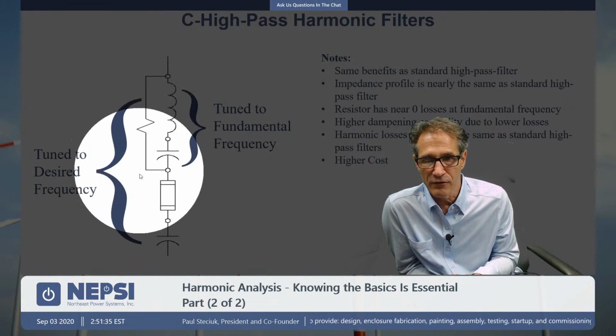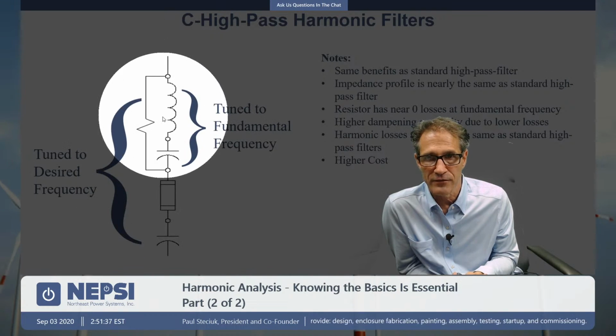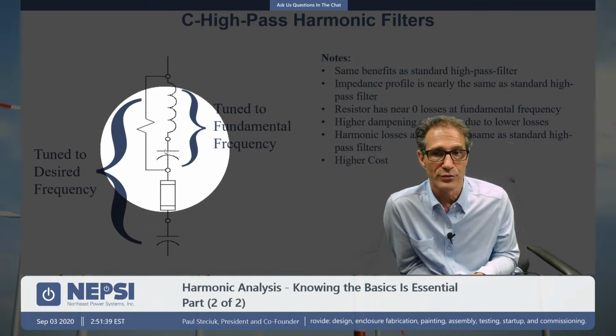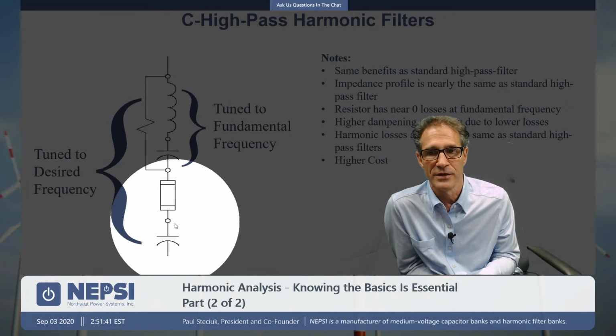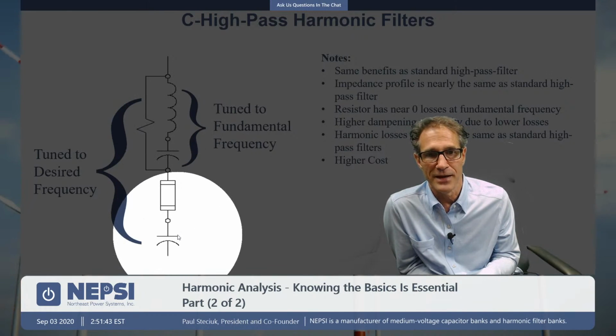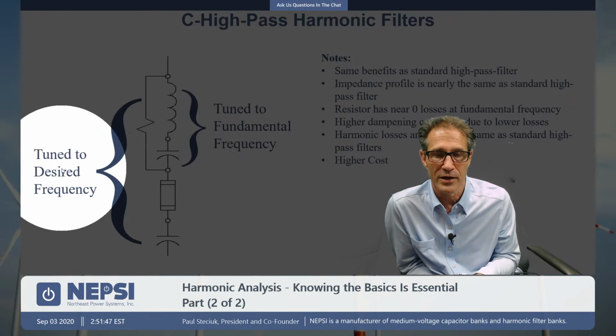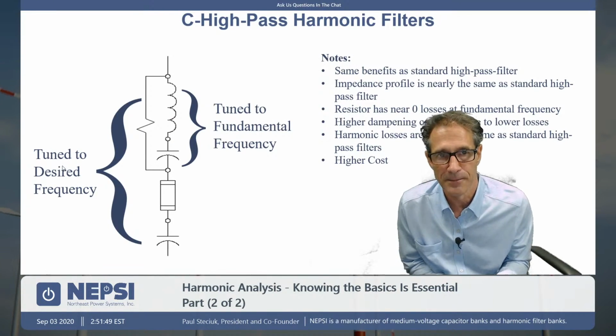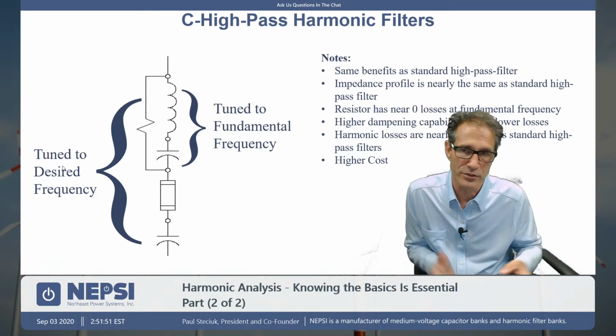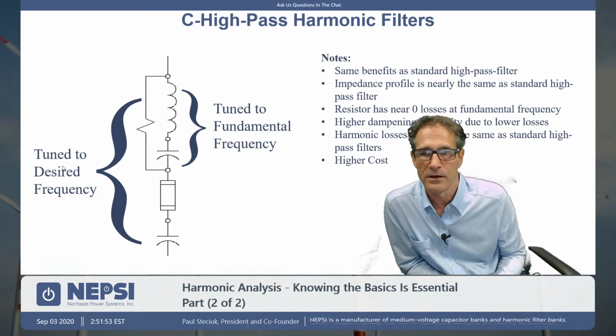Then the entire filter branch, X of C 1, which we sometimes call the aux capacitor, and X of C main, which we call the main capacitor, that entire system is tuned to a harmonic. It sounds complicated, but with the NEPSI spreadsheet tool, it's very easy to do.